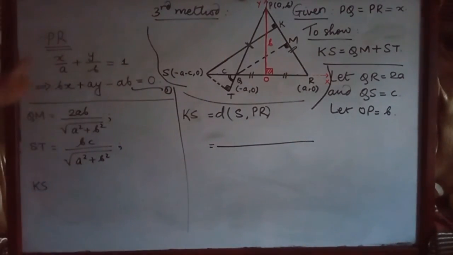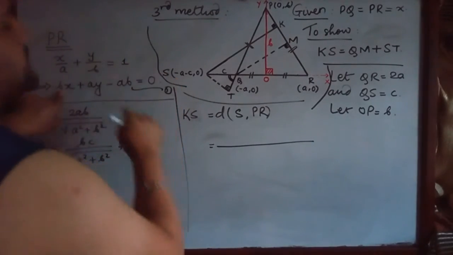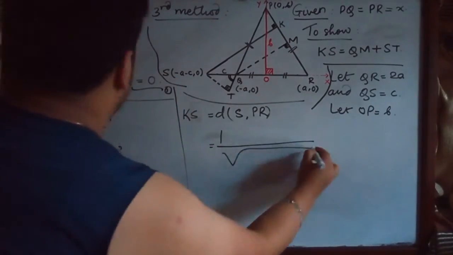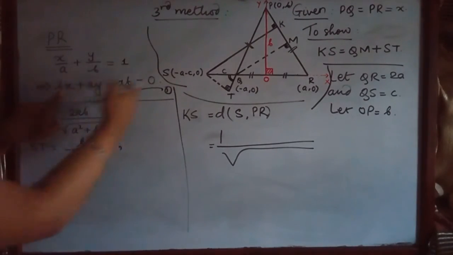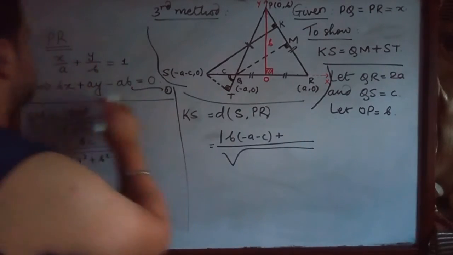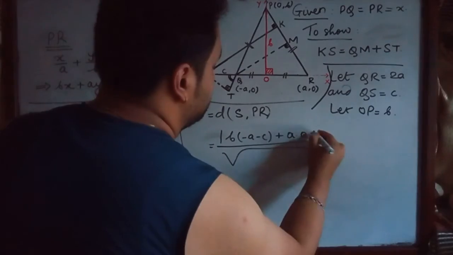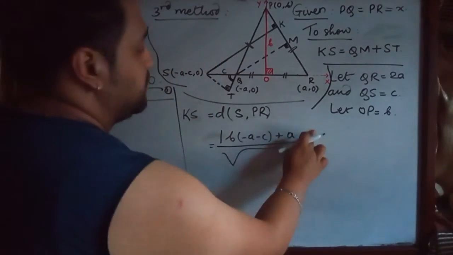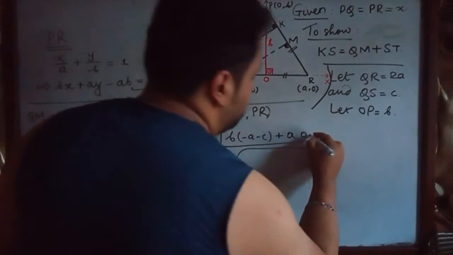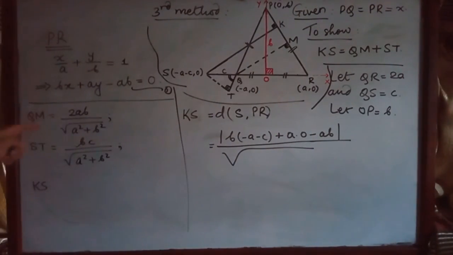Okay, we need the equation of PR and the coordinates of the point S. So b times the x coordinate of S means b times (minus a minus c), plus a times 0, minus ab, over the square root of b squared plus a squared.